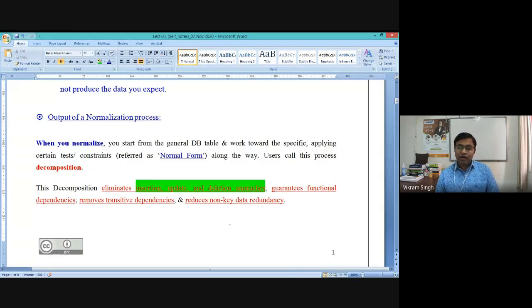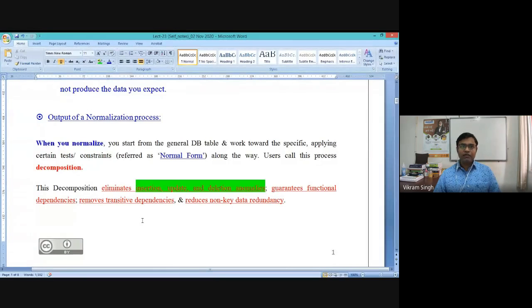These anomalies occur because of redundant values, null values, all these things, right? Whenever we decompose, it will naturally eliminate these possible anomalies, and it really guarantees that we will not lose any FD. That is a very important part. We will be discussing it along with the normalization process.